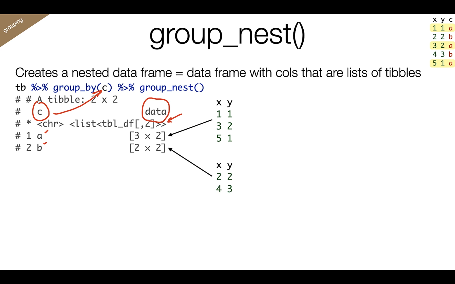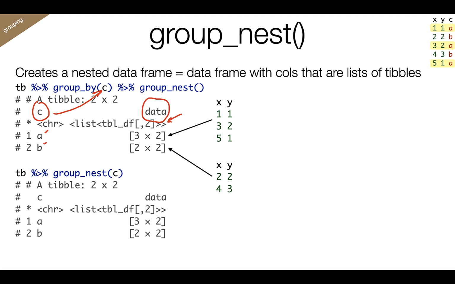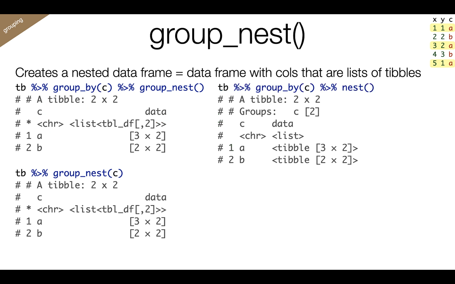Very much like we saw with group split, there's a systematic syntax to do this, which is just group nest. So if I say tb group nest by C, it's going to nest it by C. You should also know that there's a nest function in the tidyr package, as nesting very commonly has to do with tidying a data set. And the result looks like this. Notice that the result is actually a grouped tibble, so that's different than before.